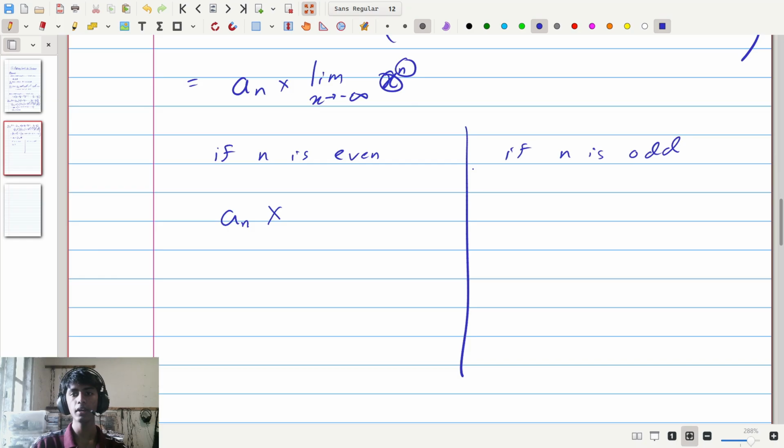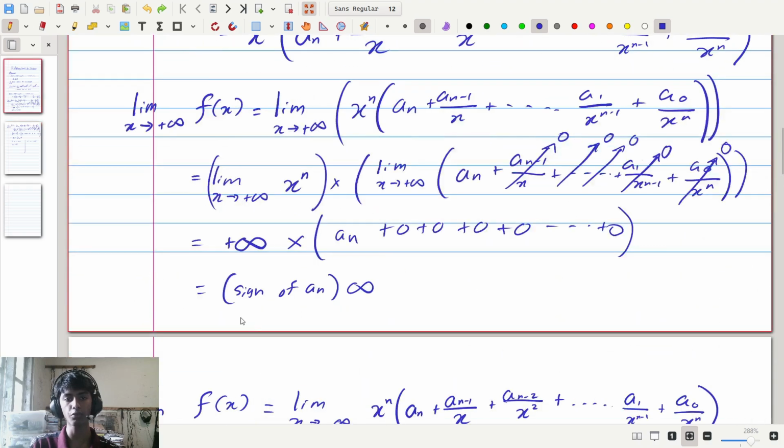As we saw above, any negative number to the power of an even number is going to be a positive number. So here, negative infinity to the power of an even number is going to be positive infinity. So we have times positive infinity. This case is the same exact case as we had up here.